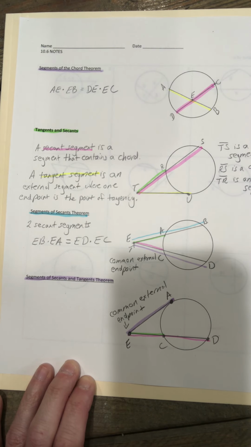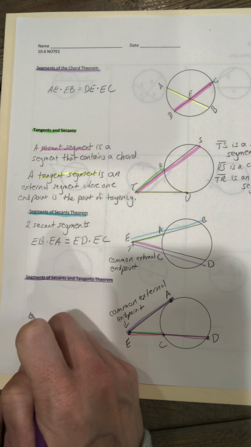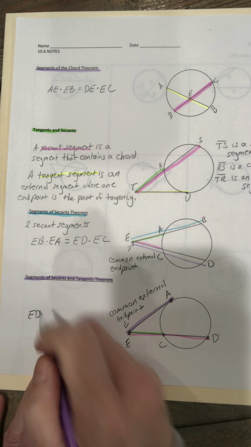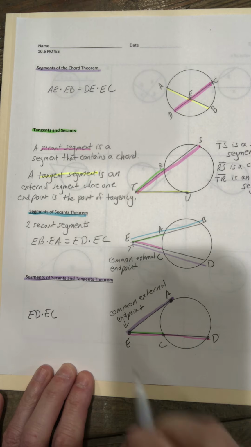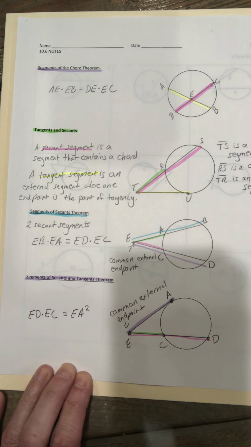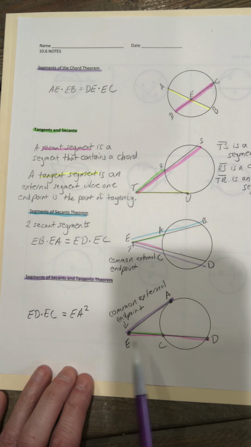Now, if they share that, the product of the length of the secant segment, which is ED, times the external segment, which is EC, would equal the tangent segment squared. So it would be EA squared. So that is how the segments formed by a secant segment and a tangent segment, when they meet in a common external endpoint, that is how they relate.